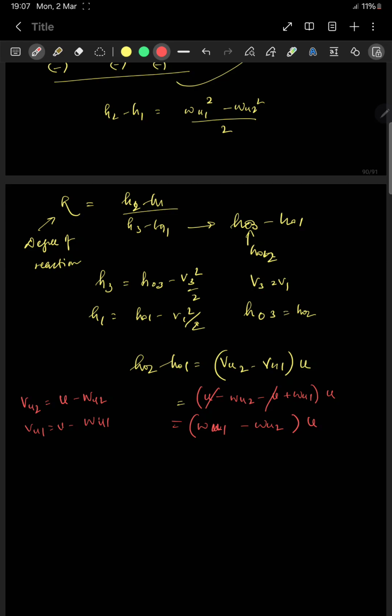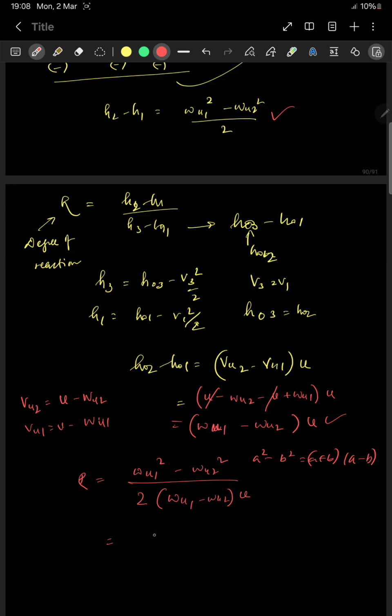So if we substitute this in this equation, we have R equals wu1 square minus wu2 square divided by 2 into wu1 minus wu2 divided by u. So a square minus b square is a plus b into a minus b, and a minus b is in the denominator, so only a plus b remains.